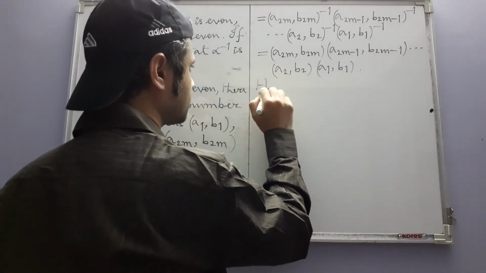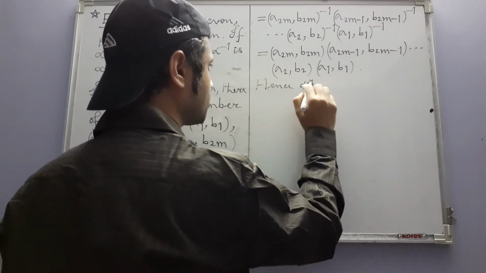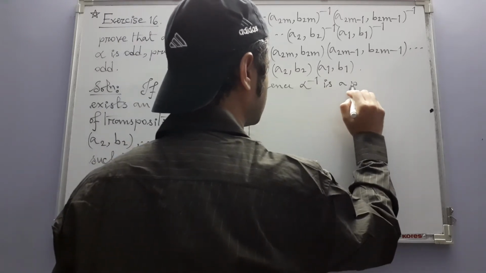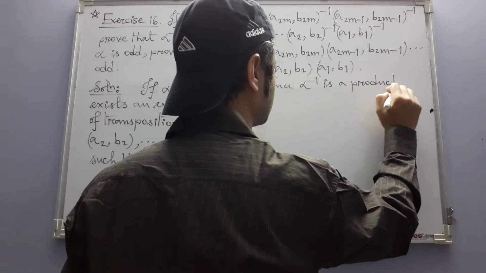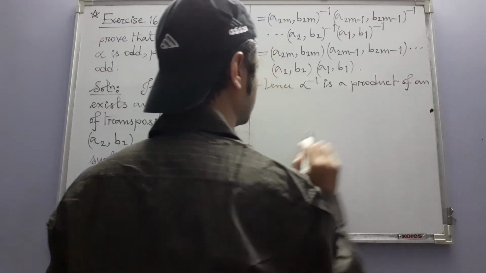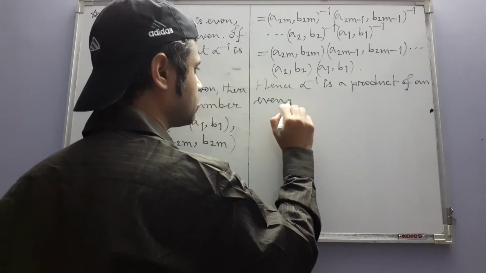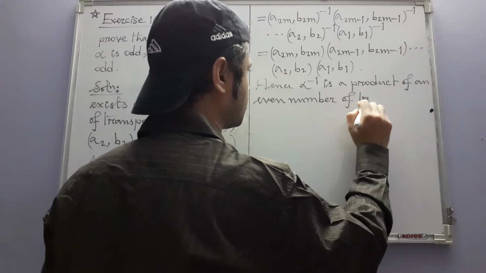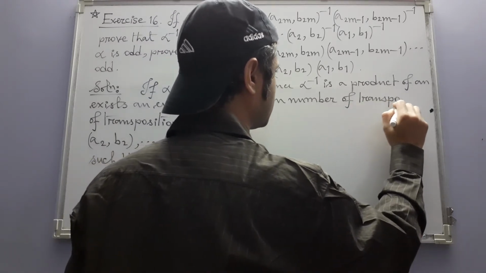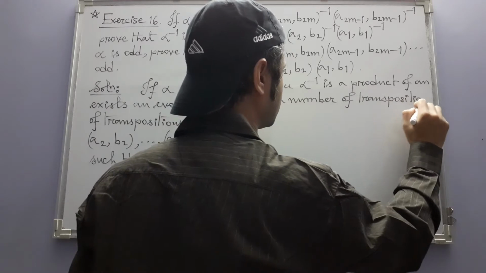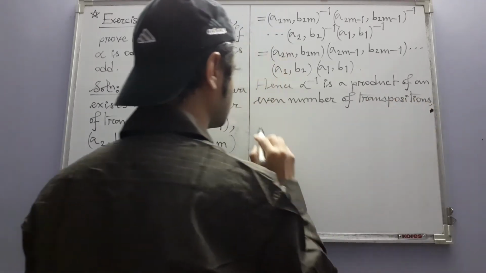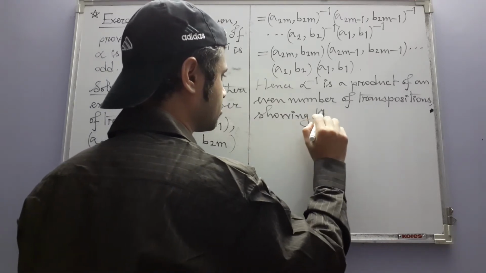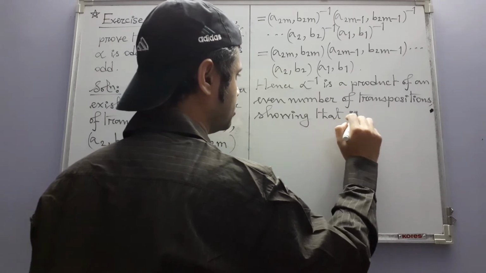Hence alpha inverse is a product of an even number of transpositions, showing that it is even.